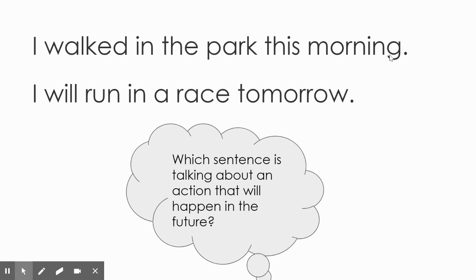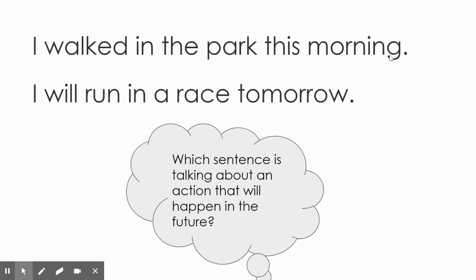Let's take a look at these two sentences. Listen as I read aloud. I walked in the park this morning. I will run in a race tomorrow. Second graders, which of those two sentences is talking about an action that will happen in the future?